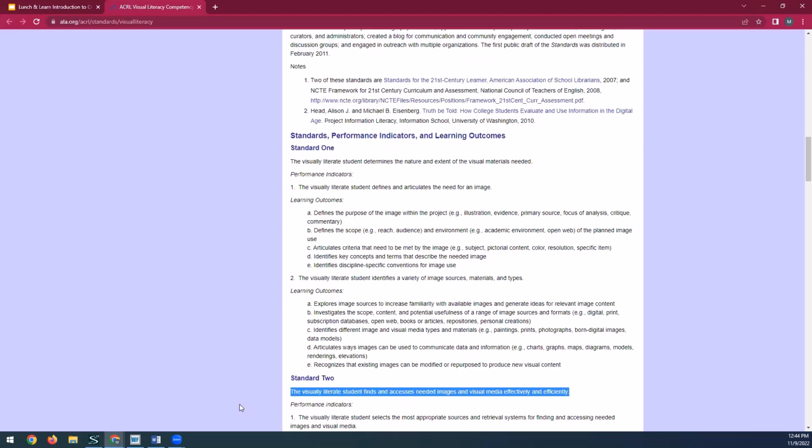So for example, they're looking for a non-copyright image, they might go to Wikimedia Commons and look for non-copyright images there instead of going directly to Google and searching any kind of image that they might find. So there is some language in here that talks about the ethics of information consumption, but it doesn't get too specific.